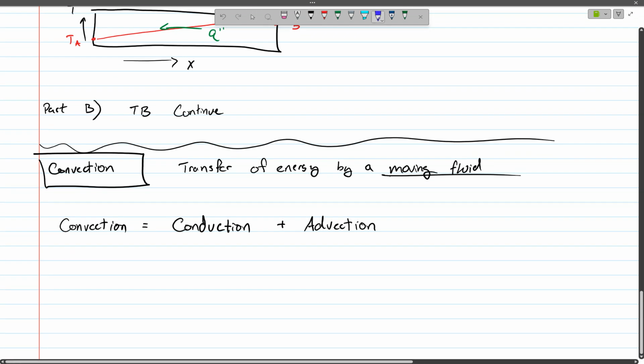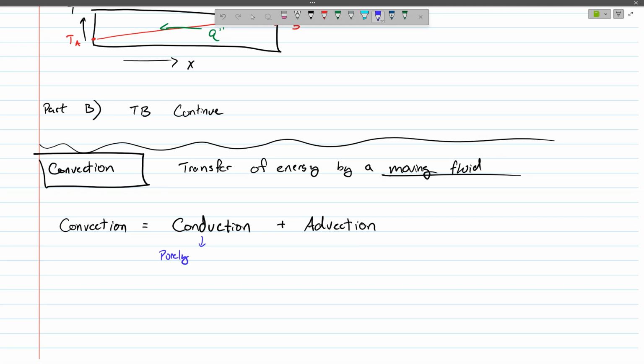And so this conduction, right, this is purely molecular motion. And so this tends to dominate very near surfaces, something that from fluids we should understand as being the boundary layer, right, where we have a no-slip boundary. Fluid in contact with the surface has to have the same velocity as that surface.